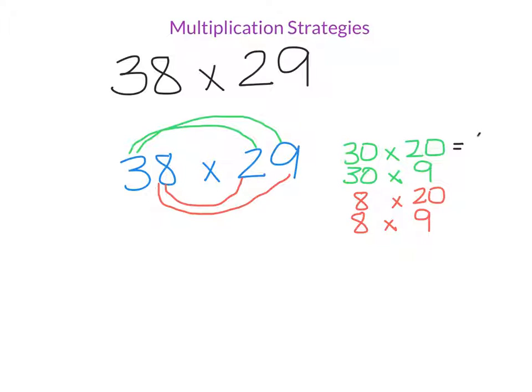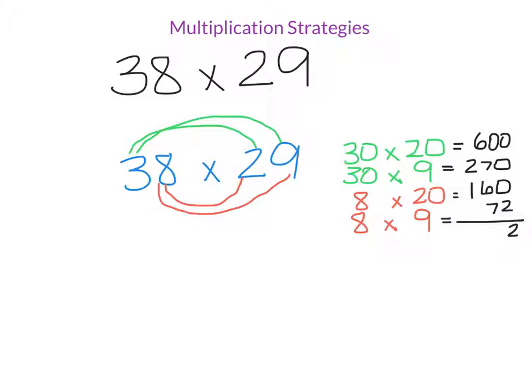30 times 20 is 600. 30 times 9 is 270. 8 times 20 is 160. And 8 times 9 is 72. And then you just add your answers up.